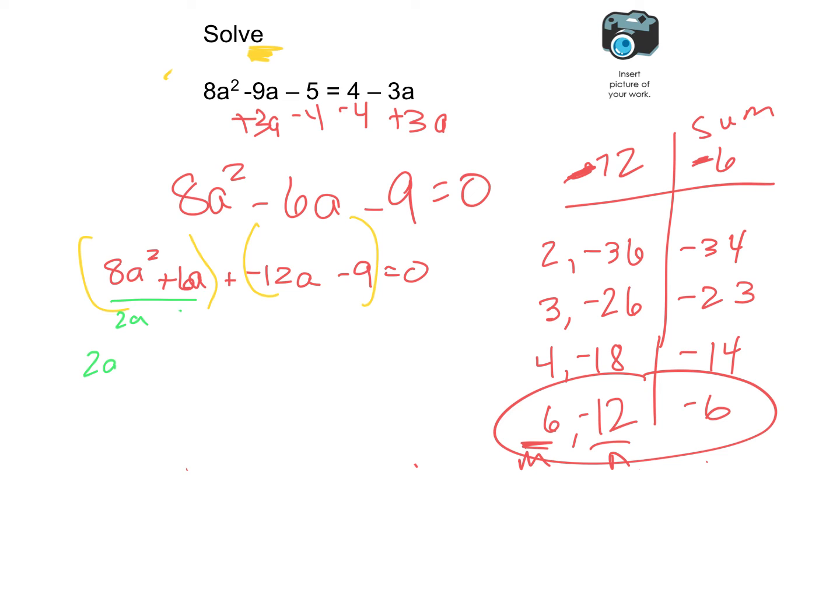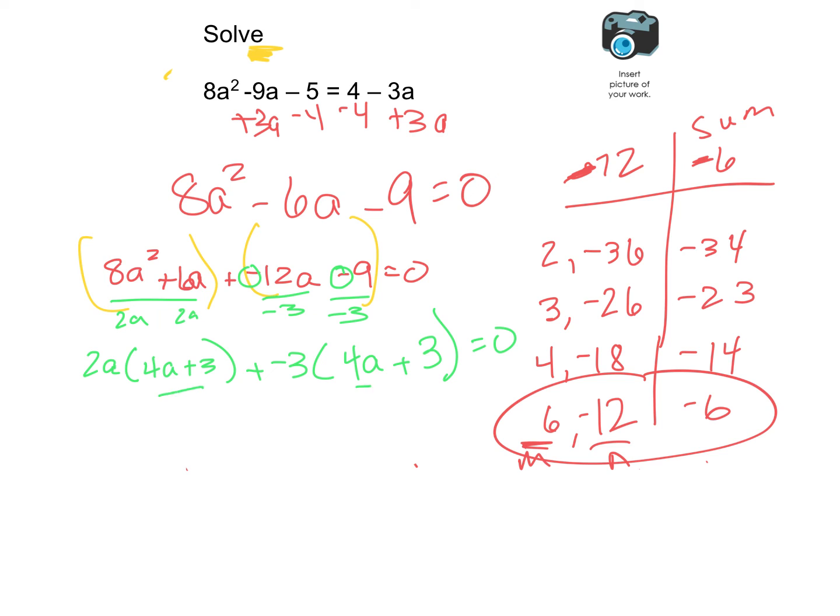So I'm going to divide that by 2a and that by 2a. 2a parentheses 4a plus 3 plus, let's see here, I want to pull out a negative number, -3. So I'm going to divide those both by -3. -12 divided by -3 is a positive 4a plus 3 equals 0.